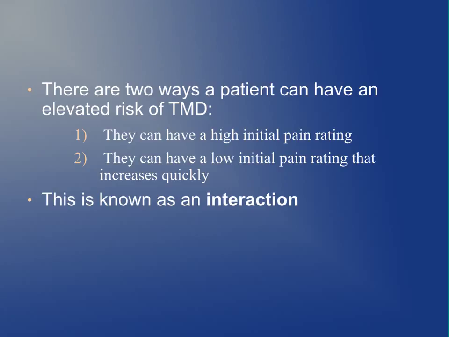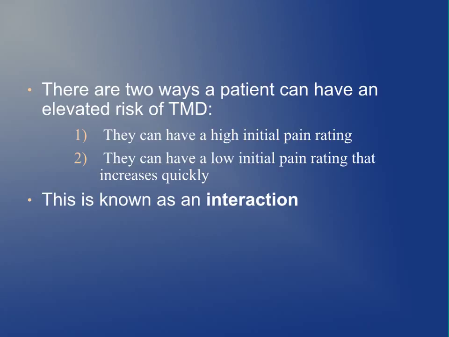They can have a high initial pain rating, or they can have a low initial pain rating that increases quickly. The first group was much more common than the second group, so if we just looked at the rate of increase, many of the people who had a high initial pain rating had a low rate of increase because they were high to begin with. So we didn't see that association. When we included both variables in the model, then we saw the association. This is what's known as an interaction.